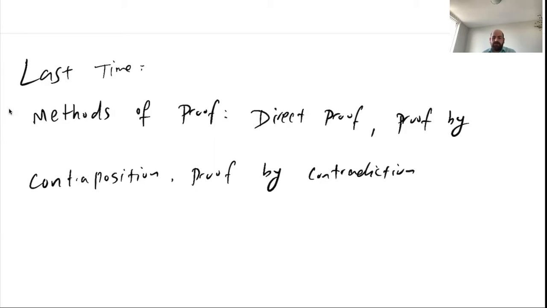In other words, we assume negation Q is right. And then we either try to reach negation P, or we reach a contradiction with a mathematical fact, like 2 equals 0, let's say. Once we have a contradiction, it means negation Q cannot be right, and therefore Q itself must be true.